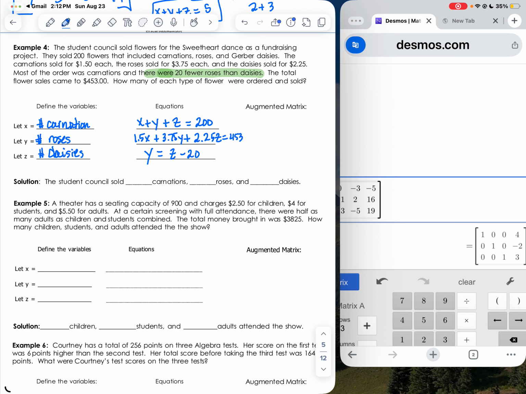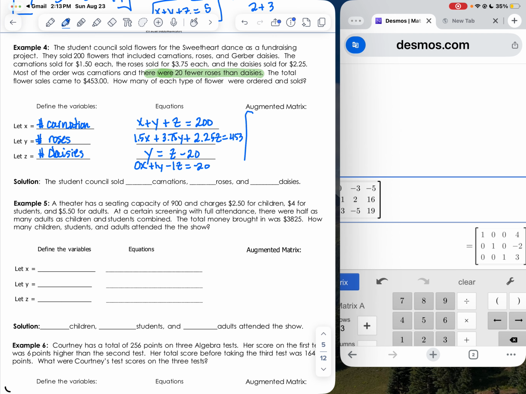All right, now I'm going to have to put that last equation in standard form in order to make an augmented matrix. So I don't have an x, so 0x plus 1y. Then I have to move the z to the other side, so that's going to become minus 1z is equal to negative 20.